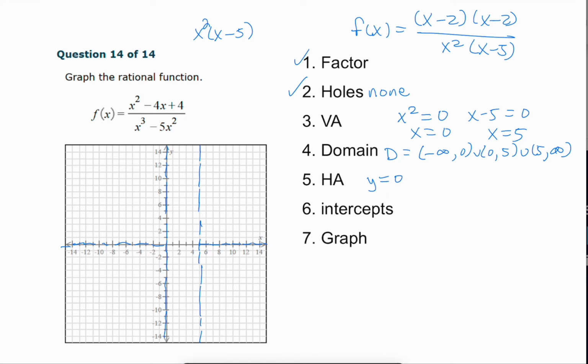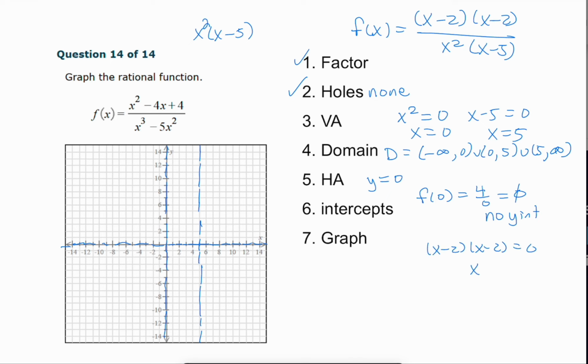Okay, let's talk about our x-intercepts and our y-intercepts. First, let's do our y-intercept. If I plug in 0, I get 4 over 0, which is undefined. So there are no y-intercepts. I'm sorry, the x-intercepts are where the top equals 0.